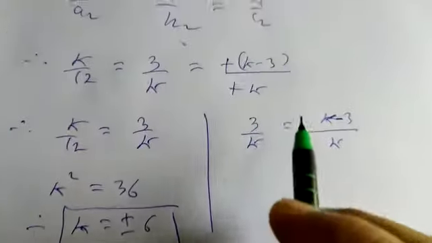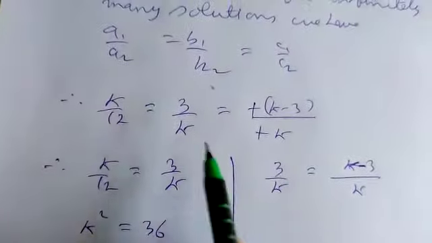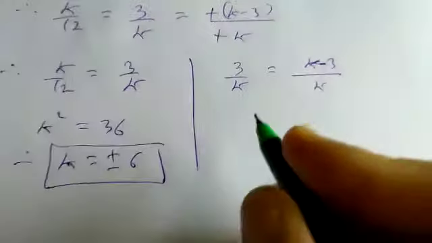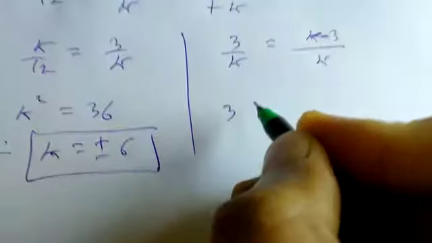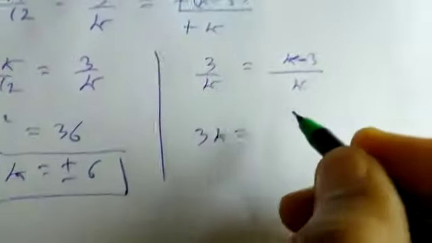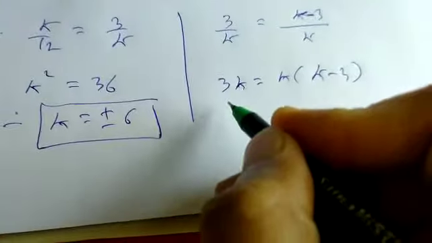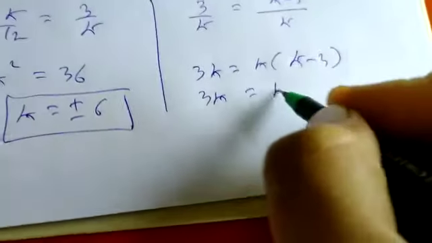So in the second case we will take the value of b1 by b2 and c1 by c2. So cross multiplying them, we will get 3k equal to k into k minus 3. So this will give us 3k equal to k square minus 3k.